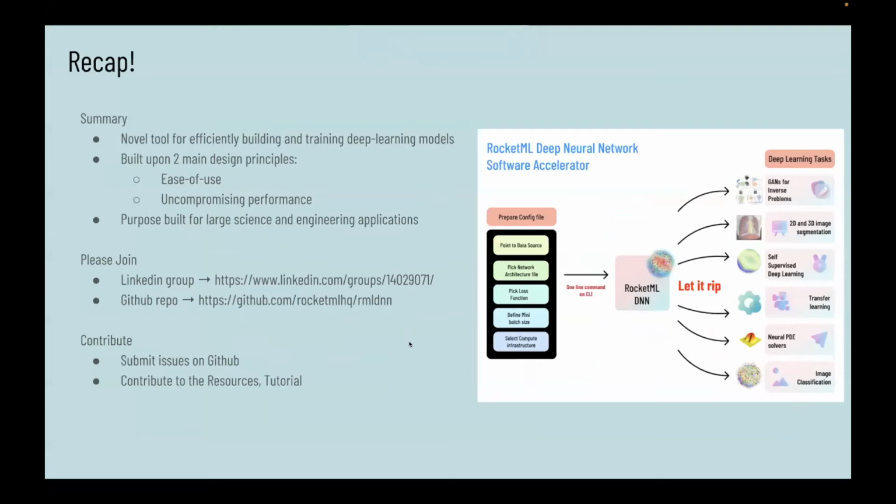So just to recap what you heard from Santi and Sergio, RocketML Deep Neural Network Software Accelerator is a tool for efficiently building and training deep learning models. And it's built on 2 main design principles, as Sergio mentioned. First one is, of course, ease of use. You don't have to know any Python language. And also, you don't have to know all these large frameworks. Sure, if you know them, if you want to use them, you can use that.